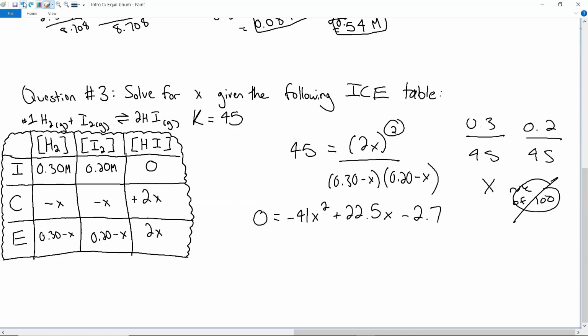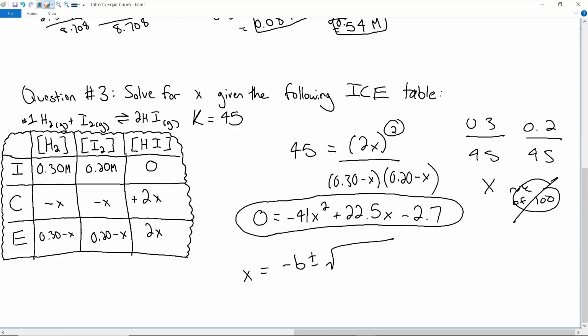Whoops, not a great circle there. Let's try that again. Okay. And we need our trusty quadratic formula to solve for x, because there is no way we are going to factor this on our own.